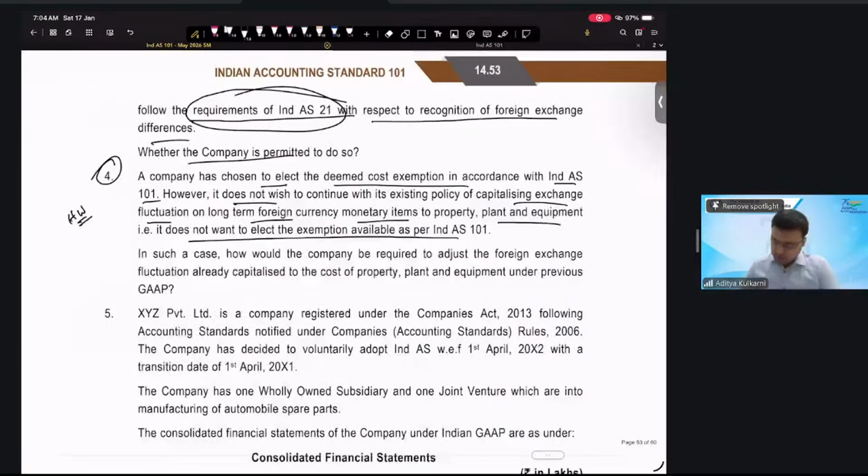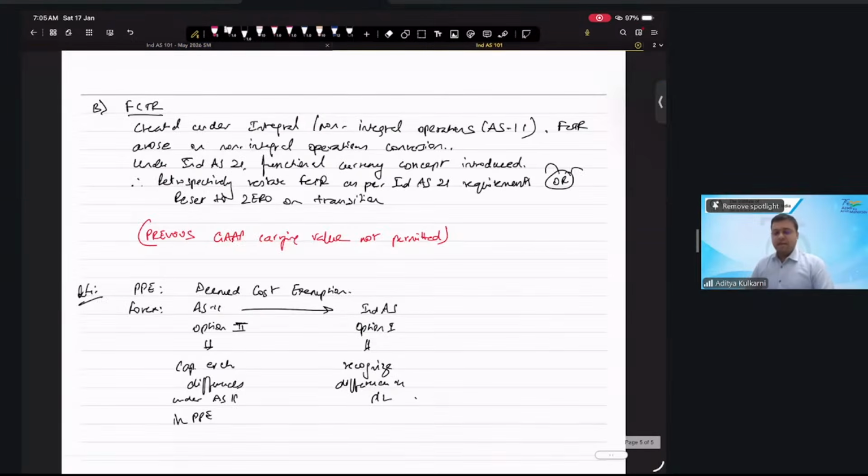Now, in such a case, how would the company be required to adjust the foreign exchange fluctuation, which is already capitalized to the cost of property, plant and equipment under the previous GAAP? Let us take an example. Suppose the cost of PPE is 1 lakh.